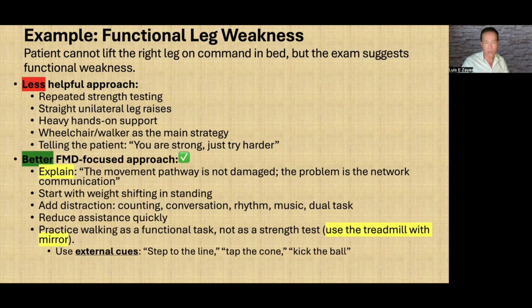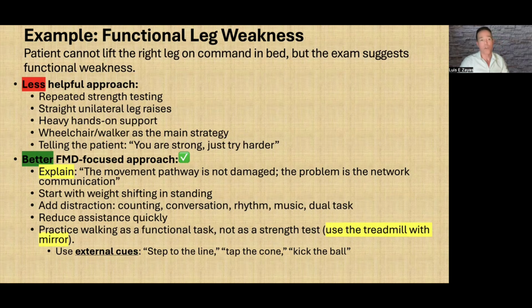This is what you have to do. Explain again. You might say, but I told the patient already. Say it again. You need to keep explaining what the problem is, that this is a network problem. It's a communication problem between neurons. The brain cannot communicate well. Use the analogy of the software.